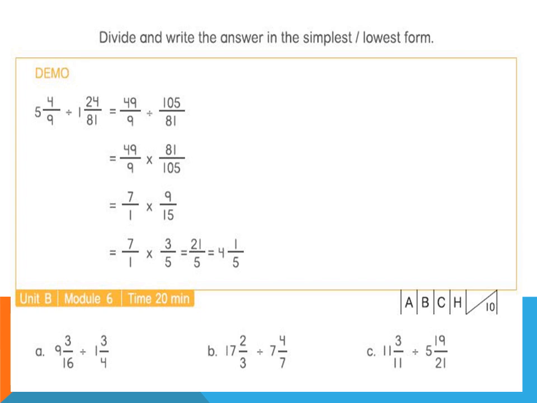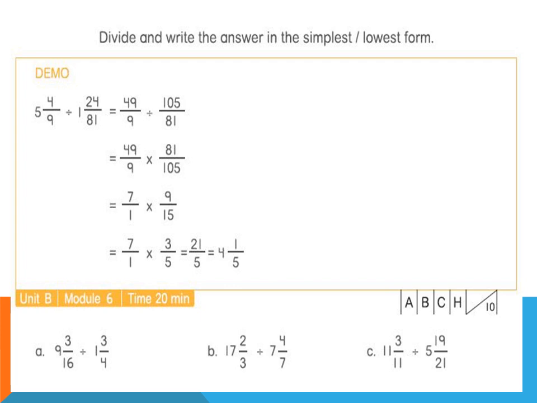We have to divide 5 4 by 9 by 12 4 by 81. So 5 4 by 9 in mixed fraction becomes 49 by 9, divided by 12 4 by 81, which becomes 105 by 81. Now when we convert that division sign into multiplication sign, the fraction 105 by 81 becomes reciprocated.